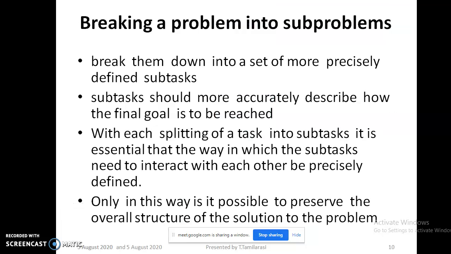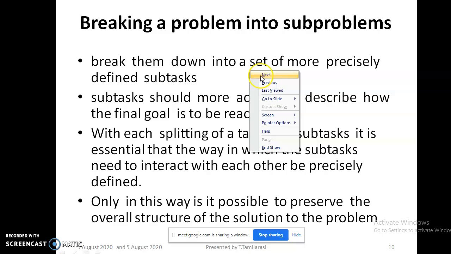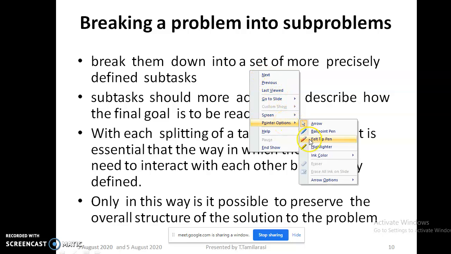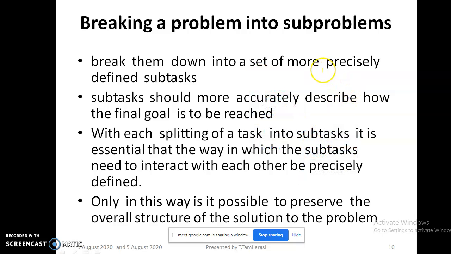So what are the steps we follow while breaking our problem into sub problems? First, break it down into a set of more precisely defined subtasks. The main thing is that they should be somewhat detailed subtasks, as shown in the previous image.